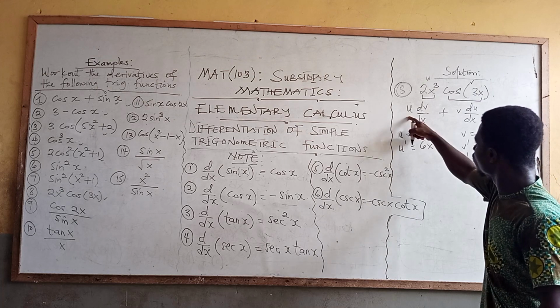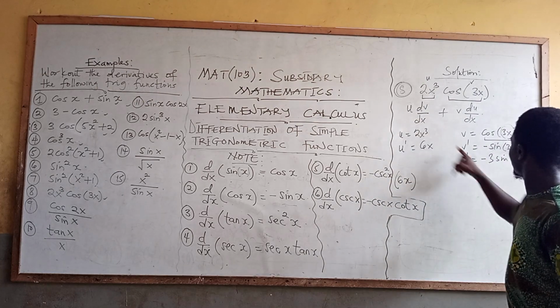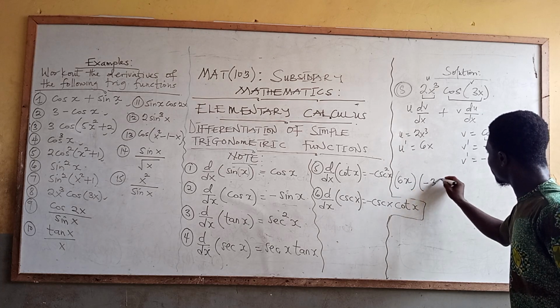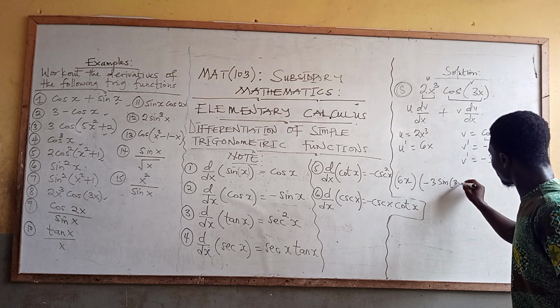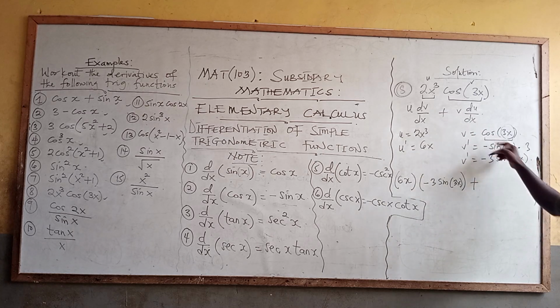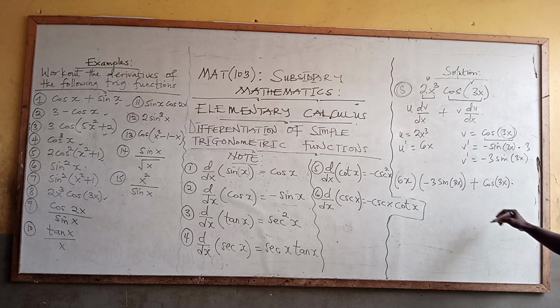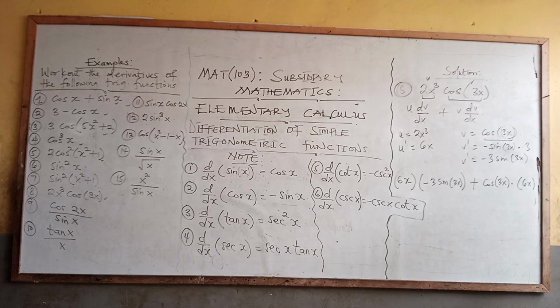So our g is 6x, times our v prime, which is negative 3 sine 3x, plus our v, which is cos 3x, times our u prime, which is 6x, right?